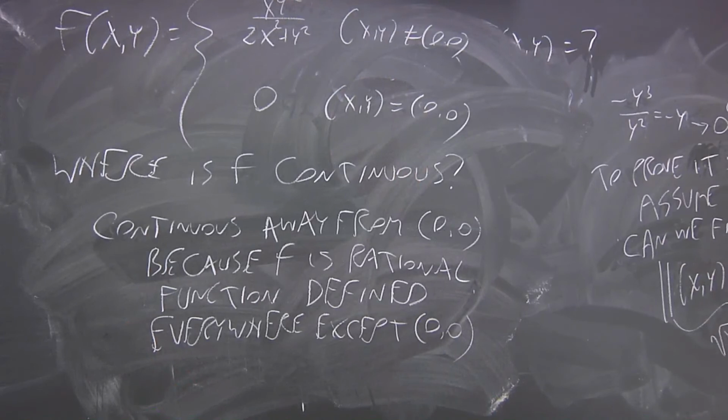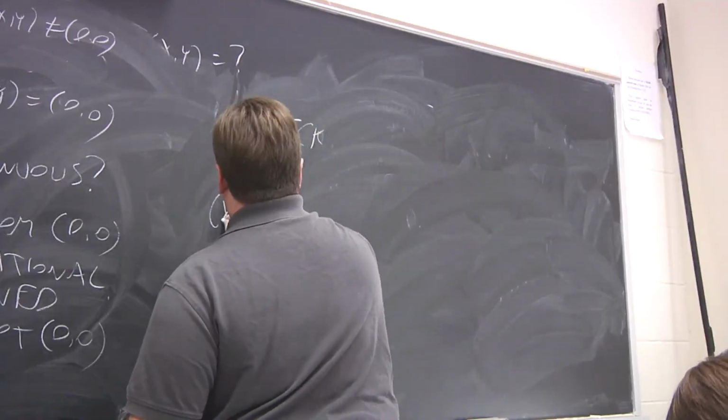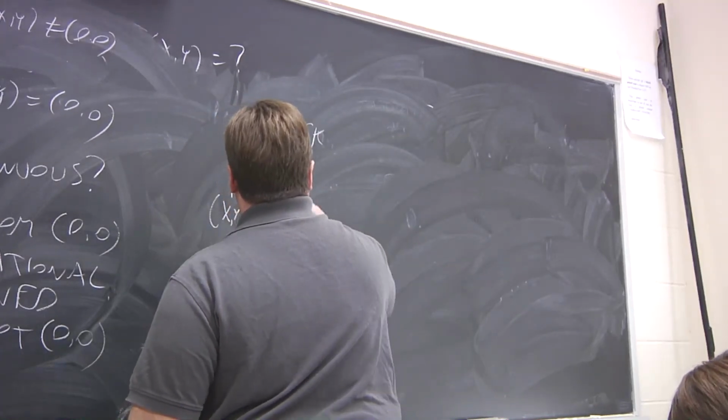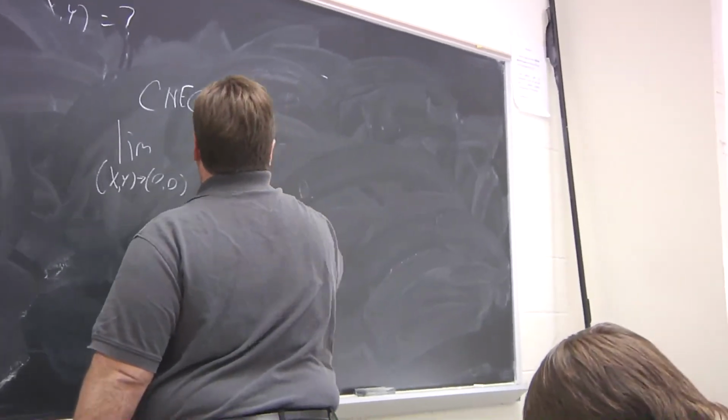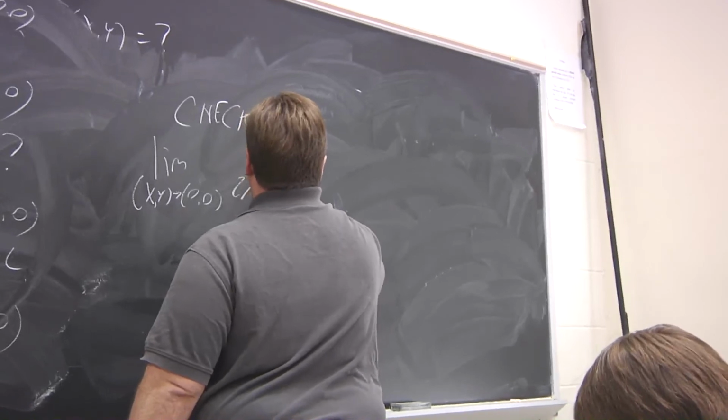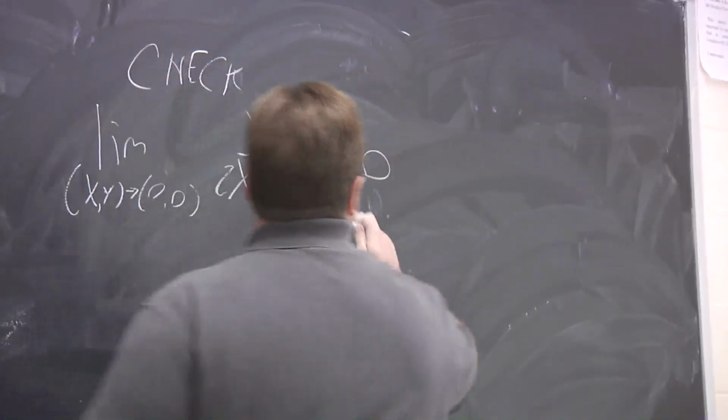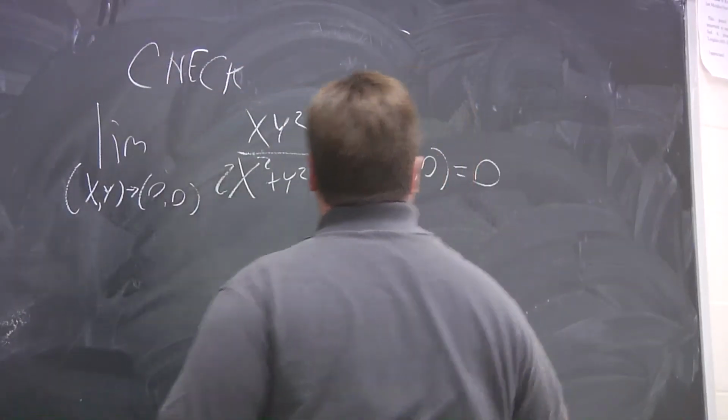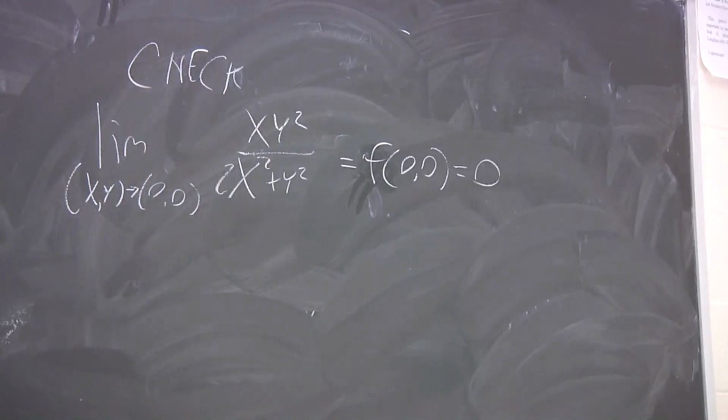So all points except (0, 0) are covered just by the type of function that it is. So we need to check what's happening to this as (x, y) goes to (0, 0). We need to check if the limit as (x, y) goes to (0, 0) of x y squared over 2x squared plus y squared is actually equal to f(0, 0), which was defined to be 0.